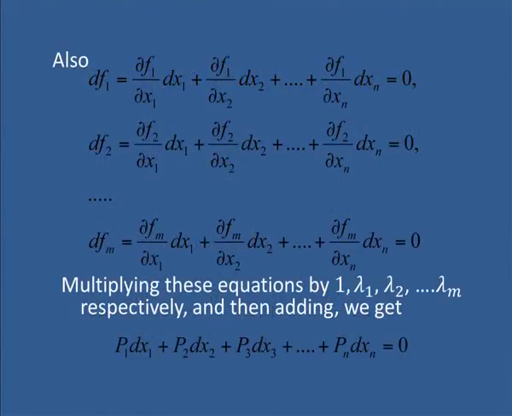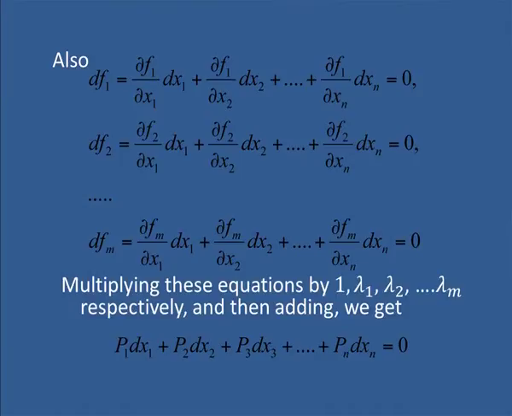Also df1 is equal to del f1 over del x1 dx1 plus del f1 over del x2 dx2 and so on up to del f1 over del xn dxn. Similarly, df2 is del f2 over del x1 dx1 plus del f2 over del x2 dx2 and so on up to del f2 over del xn dxn.